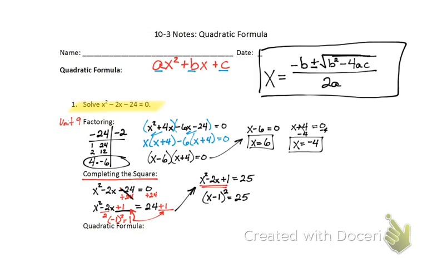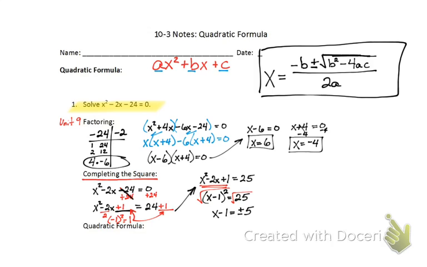And then you would square root both sides. So you would get x minus 1 equals plus or minus 5.